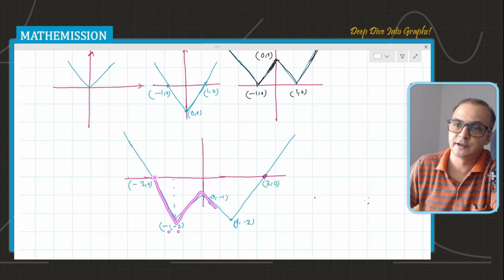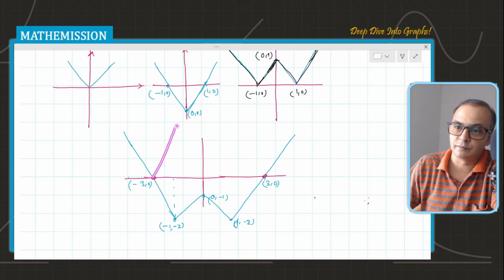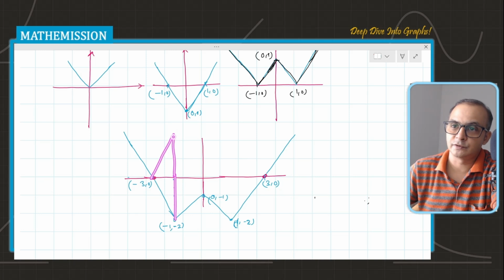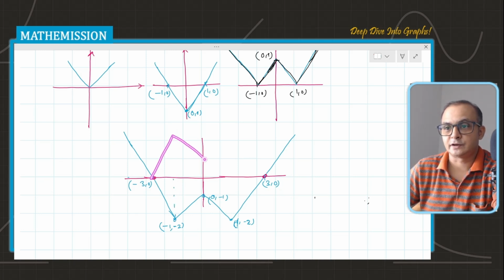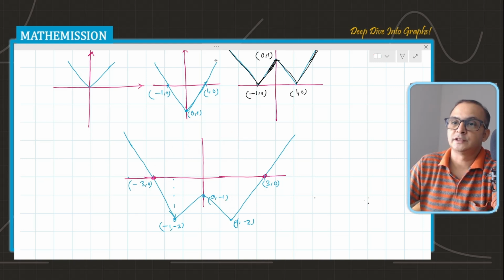It will go to 1 comma 2, because for the image I have to take the reflection, so it will go to a height of 1 comma 2. Again this will hit here, because 0 comma -1 has the image 0 comma 1 there, and again this will go to 1 comma 2 there and again come down. So in this way we have to draw the graph.